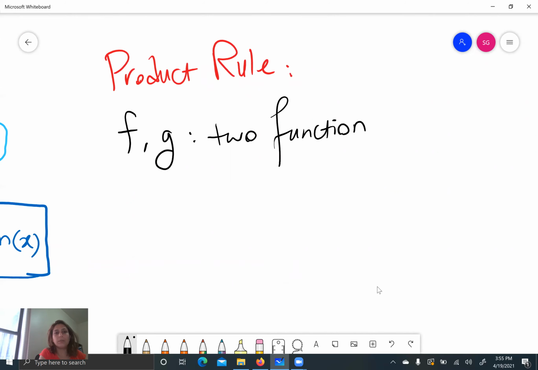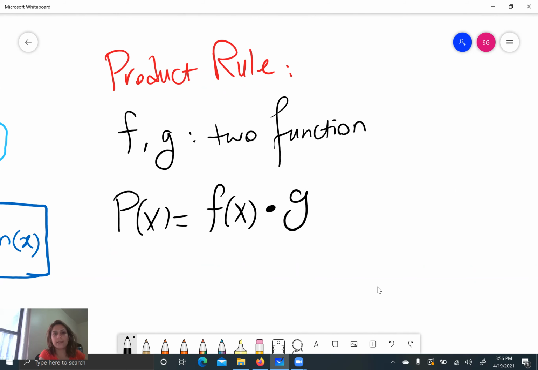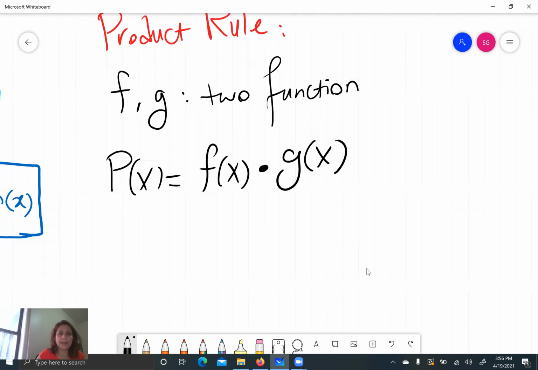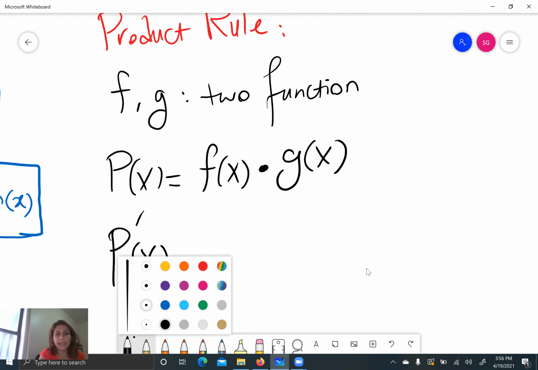And you want to take the derivative of a new function. That new function, let's call it p of x, is just the product, f of x times g of x. So the product of these two functions. The rule says that in order to find the derivative of this new function, just take the derivative. Let me be consistent with the order of your textbook.